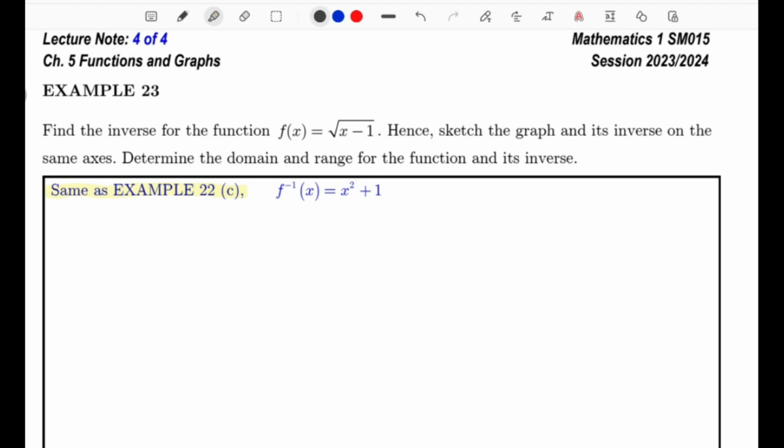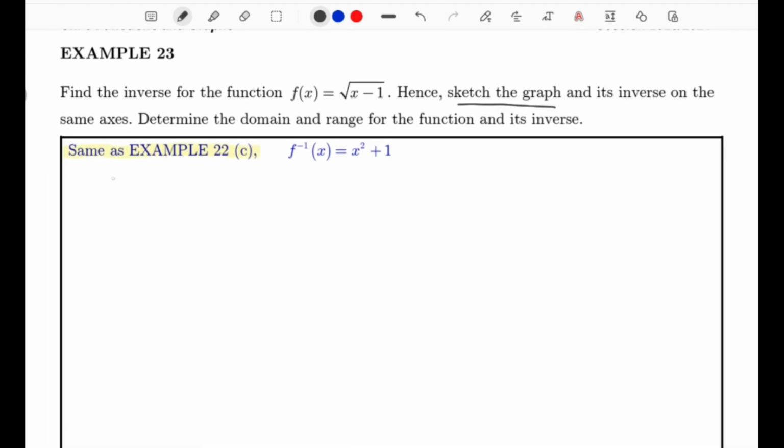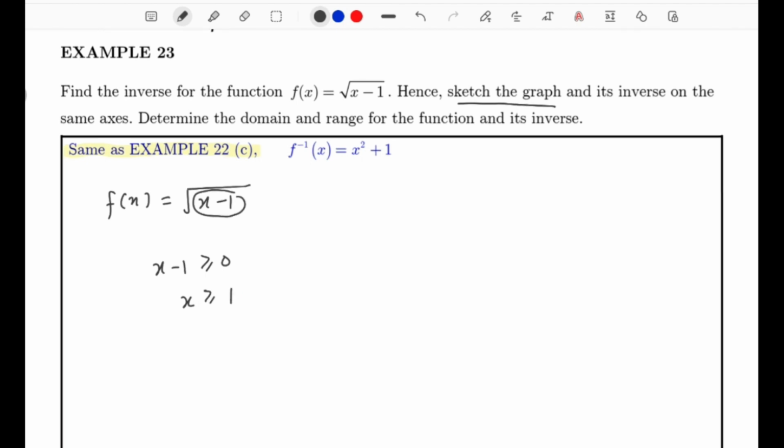So now, we're going to sketch the graph of f(x). To sketch the graph, f(x) is a square root function. So we take the values inside the square root and make it greater than or equal to 0. So x greater than or equal to 1.